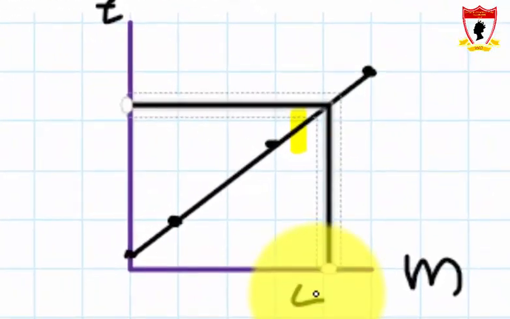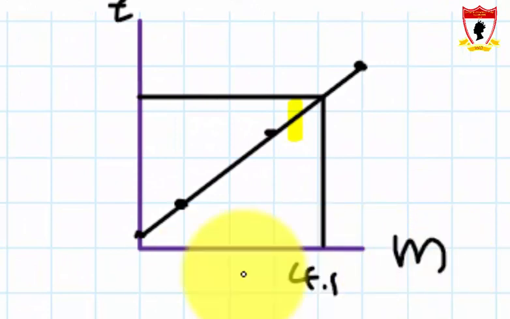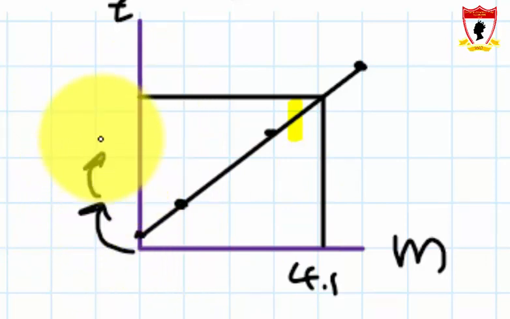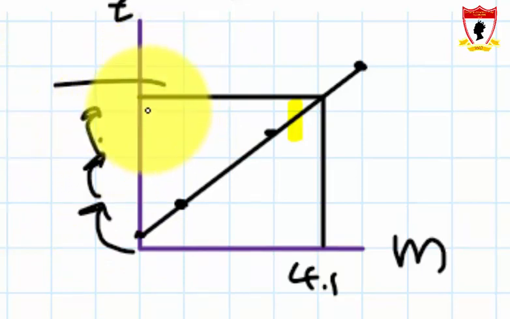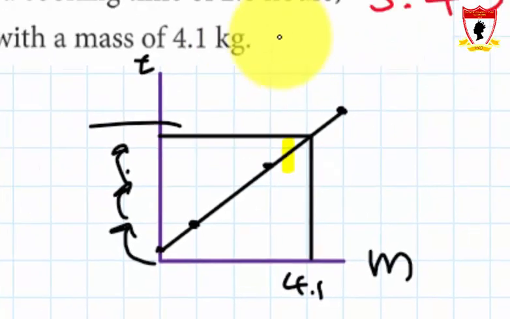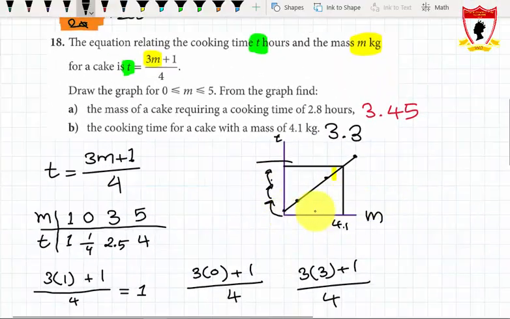So 4.1 is here on the m axis, and on the t axis it's too close to 3. 1, 2, 3, and this is less than 3.5, so it's nearly 3. We can say it's 3.3. This is the answer of part B. According to the graph, we can estimate these answers.